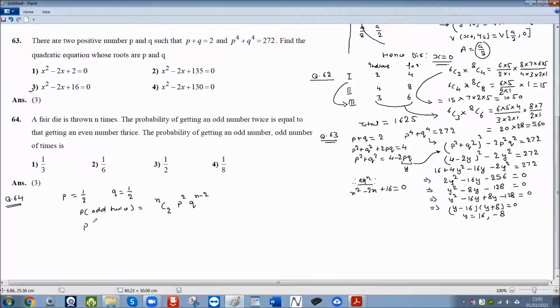Similarly, probability of getting even number thrice is nC3, this time p raised to the power n minus 3 and q raised to the power 3. So these two are given to be equal.